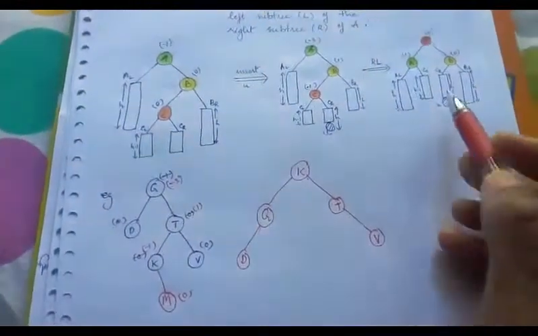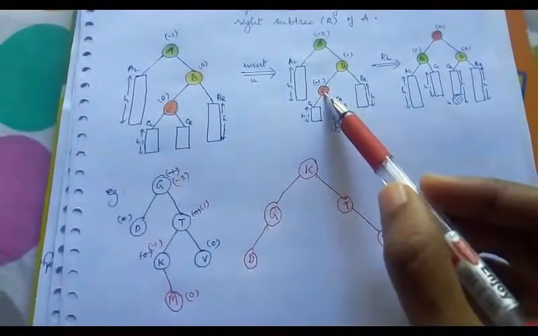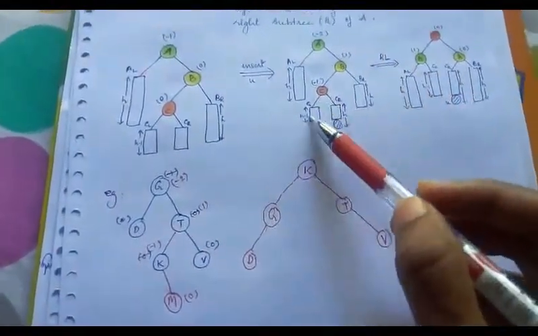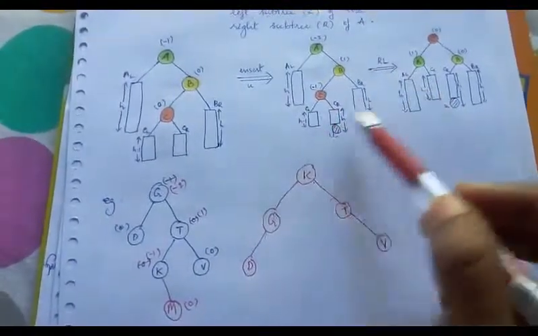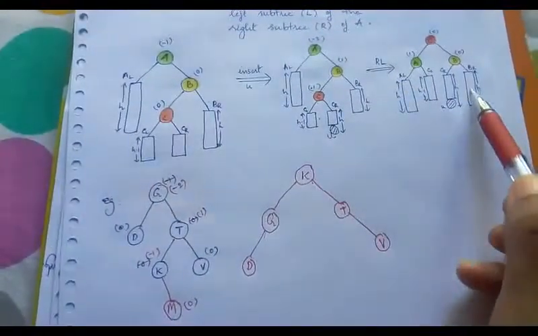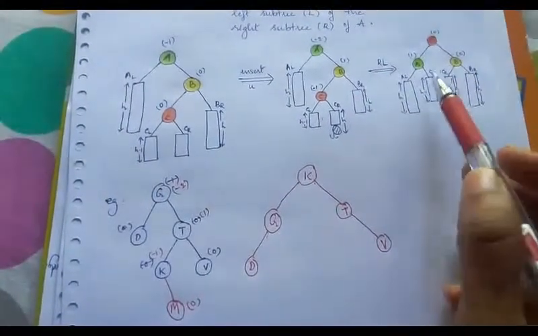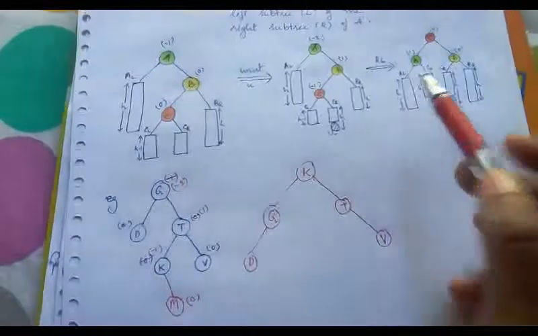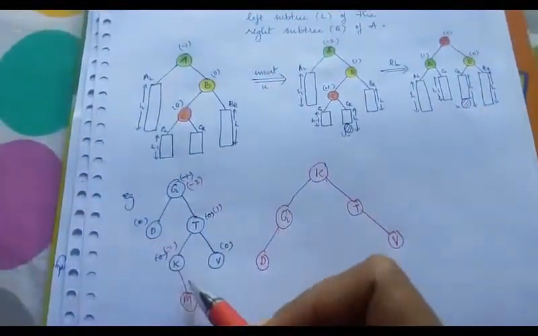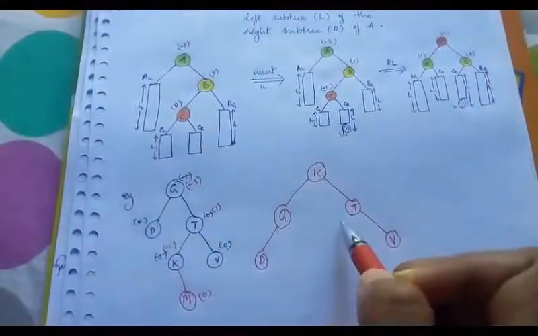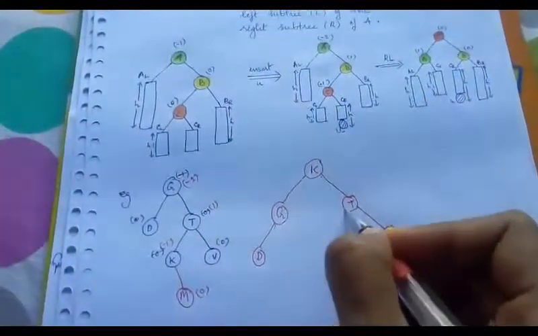That is, here also you can see that when C became the root, left of C was attached to A and right of C was attached to B, that is to the right subtree, and left was given to the left subtree. So here, since M is to the right, that means M will be attached to the right subtree. So M will come here.